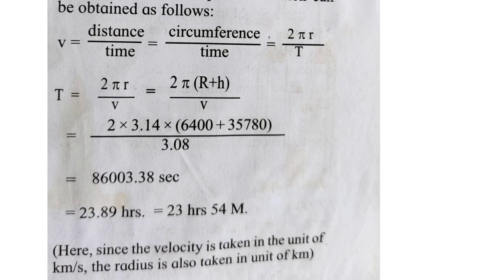Hence, since the velocity is taken in the unit of kilometers, the radius is also taken in unit of kilometer.